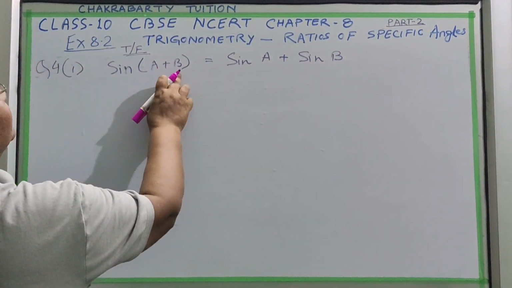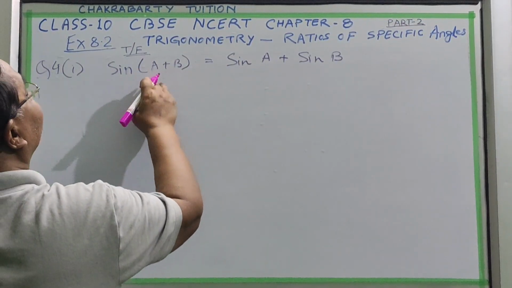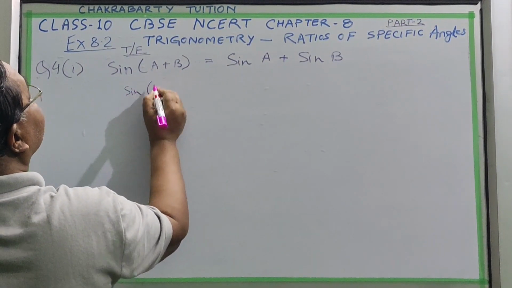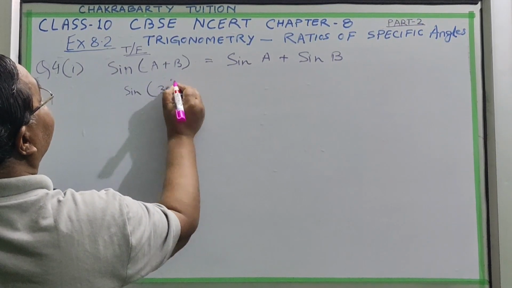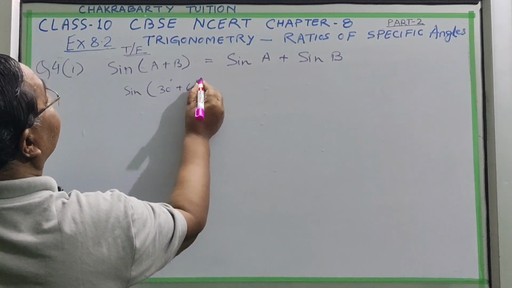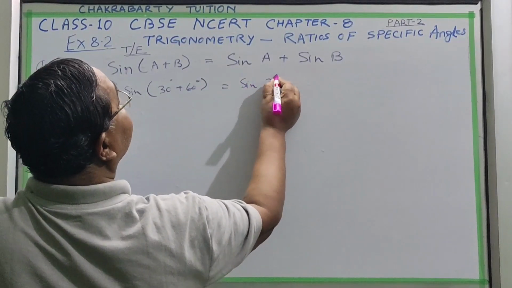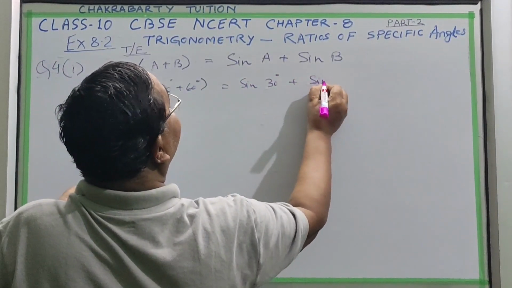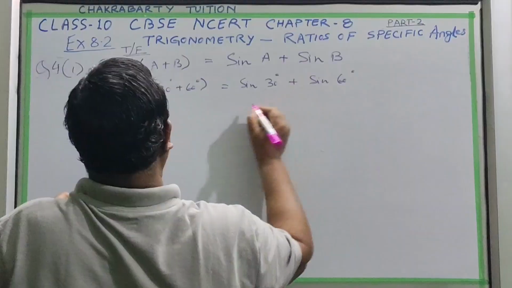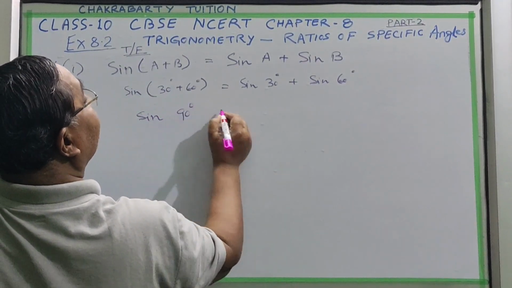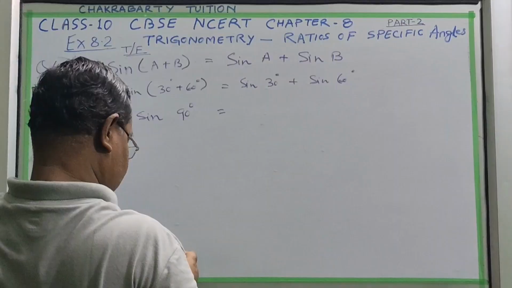So if A and B is something we will take and just see whether it is correct or not. So suppose A 30 degree we are taking and B 60 degree we are taking, and here sin 30 degree will be there plus sin 60 degree will be there. Okay. So sin 90 degree will come here.